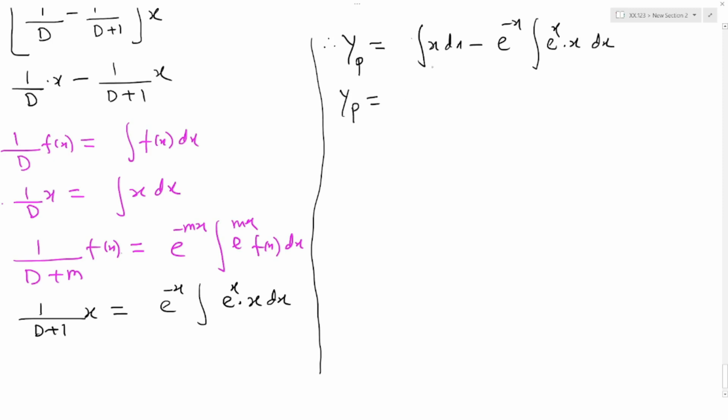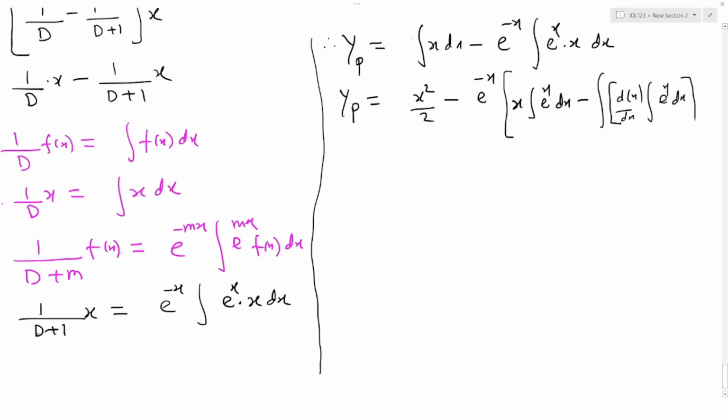That equals, integration of x is x square by 2, minus e raised to minus x. Here we apply the product rule of integration using the LIATE rule. So x times integration of e raised to x dx, minus integration of the derivative of x with respect to x times integration of e raised to x dx, again dx.